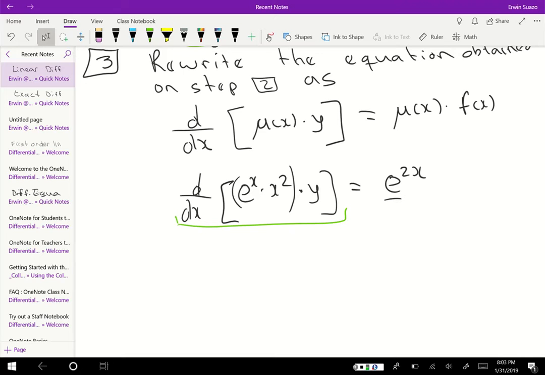So now that on this step, I rewrite it, right? I had to integrate both sides of the equation and solve for y.